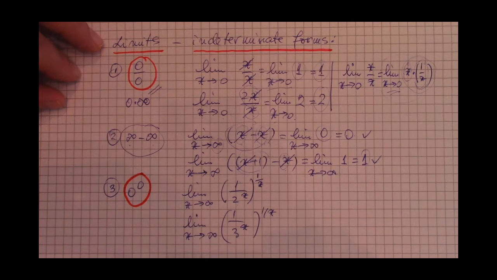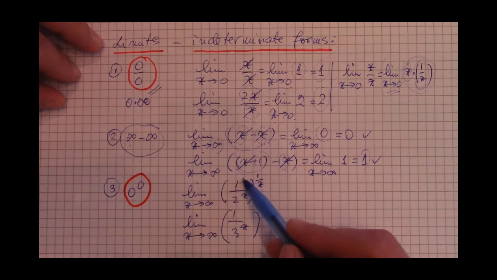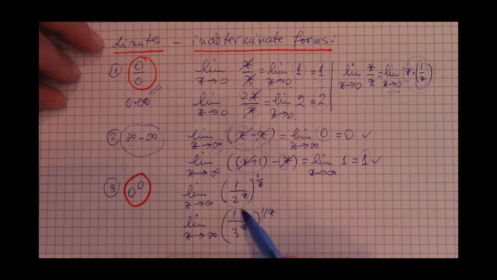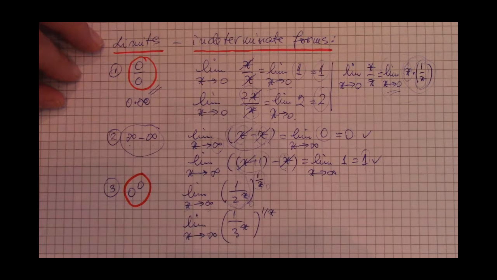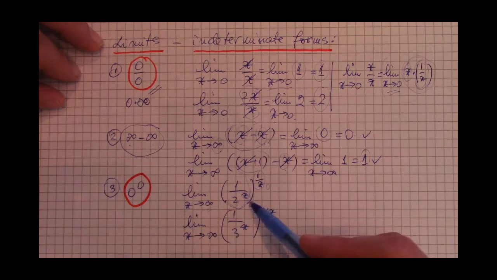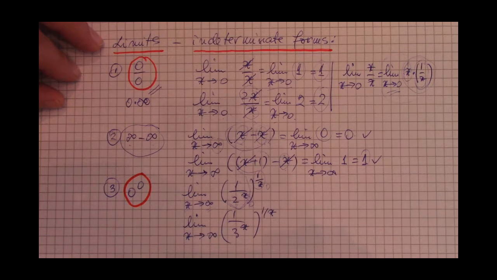If we try to understand what happens when x approaches infinity, at least intuitively, 2 to the power of x itself is going to be a huge number. 1 over a huge number is going to give us 0. If x is a huge number, 1 over x will also be very close to 0. This is why we can refer to this as 0 to the power of 0.